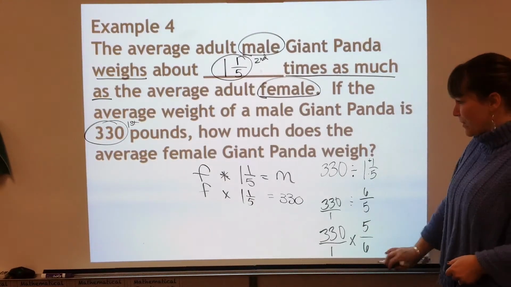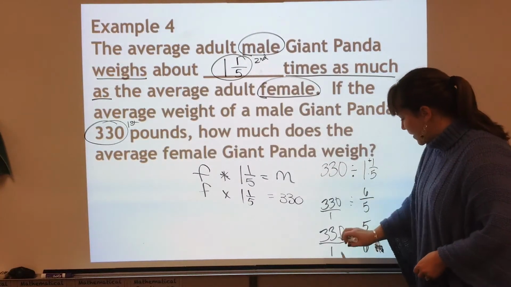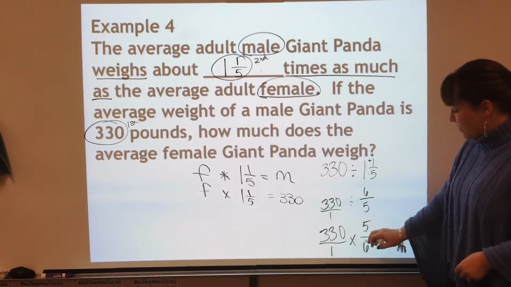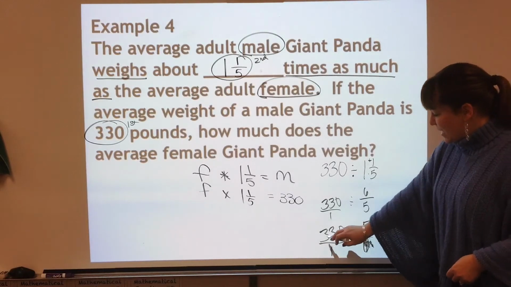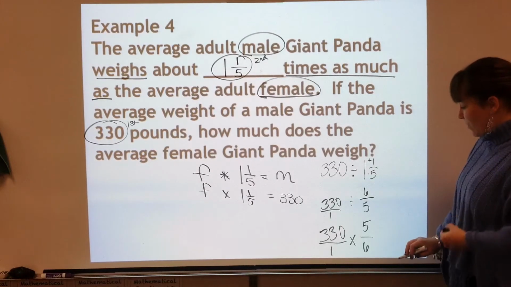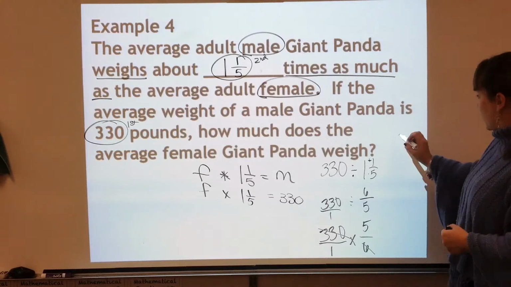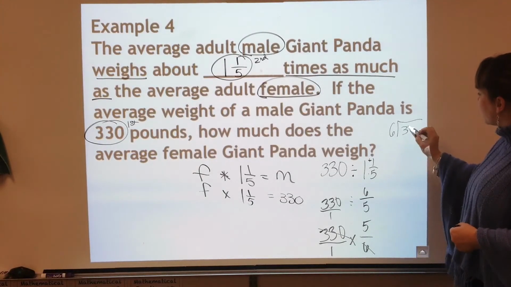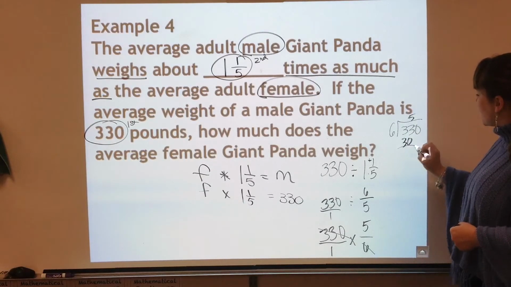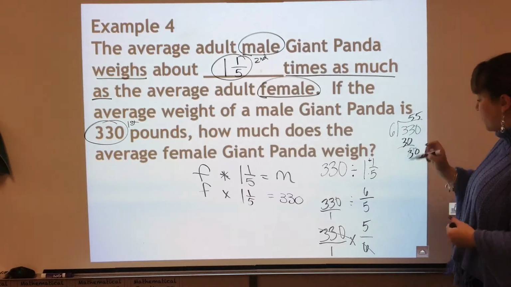So I'm running out of room. I'm gonna jump over to this side to finish it up, but I'm noticing that this is an even number and 3 plus 3 is 6, which is divisible by 3. So I know that these two numbers are going to work well with each other. What is 330 divided by 6? Well, 5 is 30, and then we have a 3 left over, which is another 5.